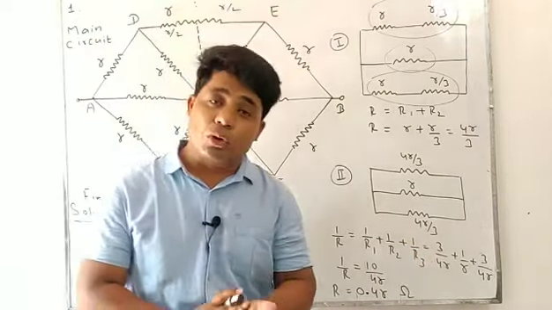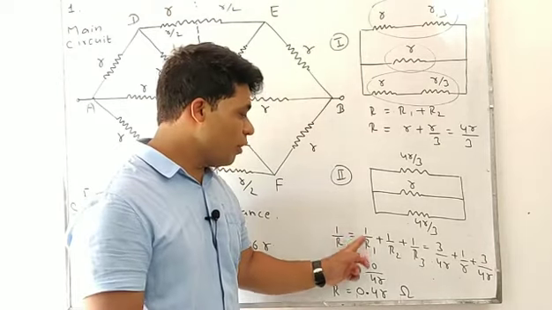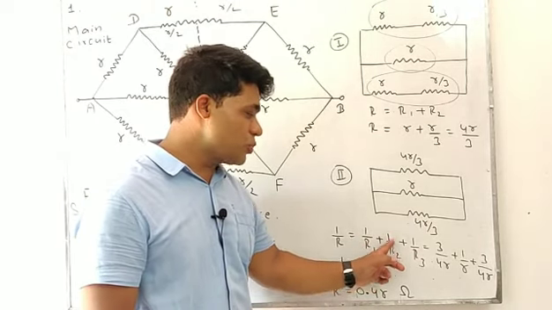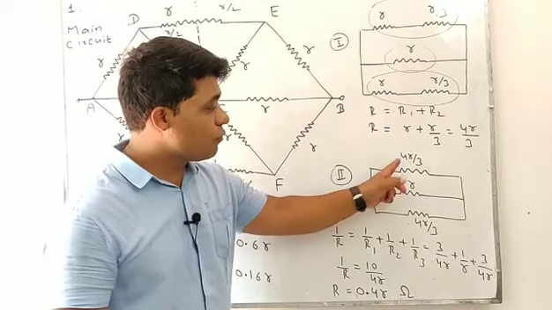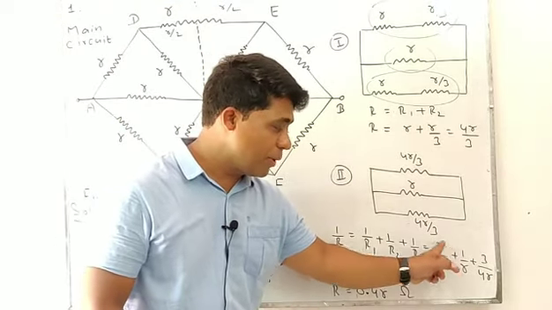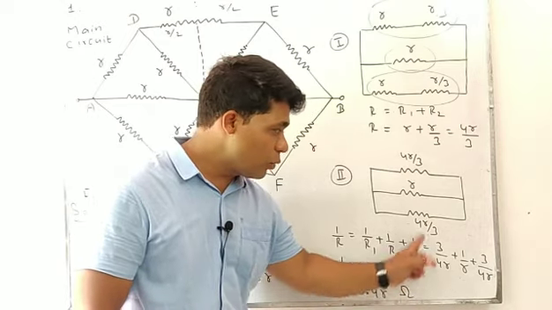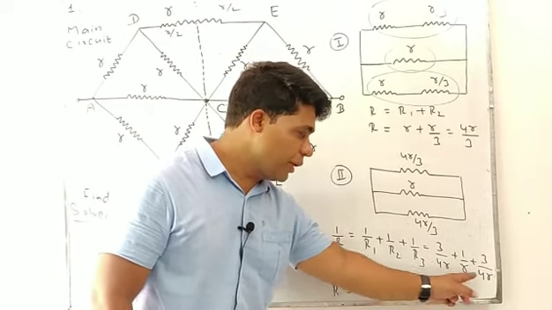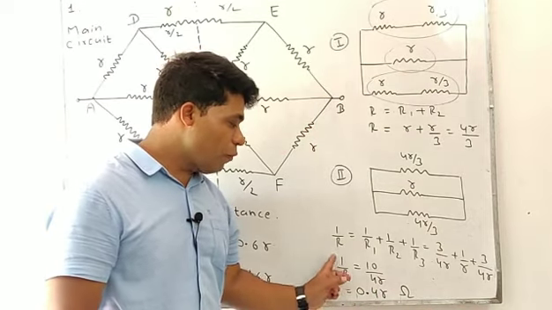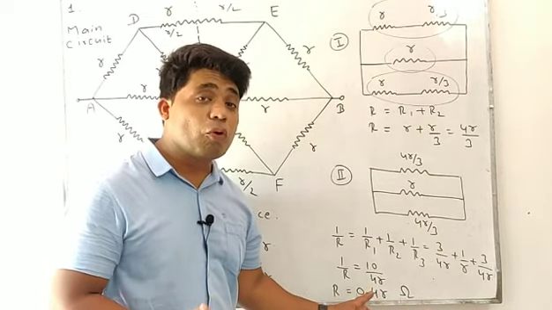We know the total resistance in parallel combination: 1 upon R equals 1 upon R1 plus 1 upon R2 plus 1 upon R3. R1 is 4R by 3, so it becomes 3 by 4R. R2 is R and R3 is 4R by 3. On taking LCM, we get 1 upon R equals 10 by 4R.